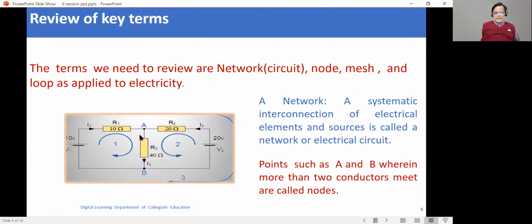Two conductors have to meet if a closed conducting path has to be formed. But where two or more conductors meet, there is a possibility for currents to divide. So points such as A and B, where more than two conductors meet, are known as nodes.